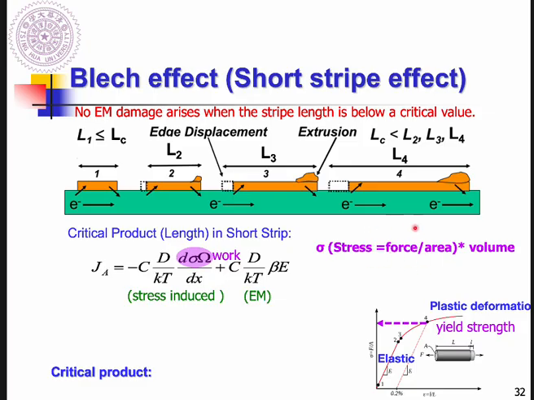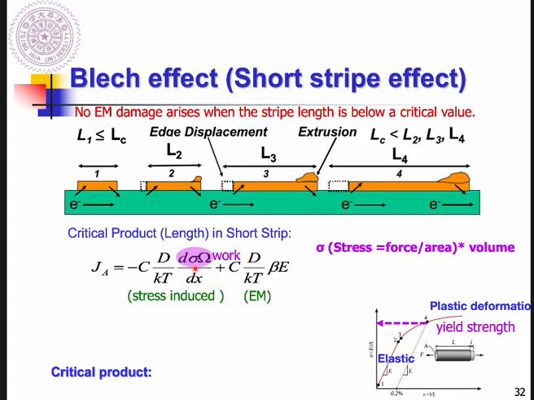In order to convert this to work, you need to multiply by the volume, so force times distance will be the work. So the stress times the volume, which is the average atomic volume, omega. That is much easier to remember. So it should be the stress times the average atomic volume. You have the area, volume, force, and distance, and you get the work.